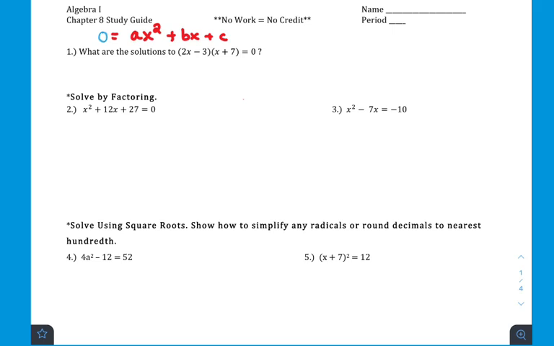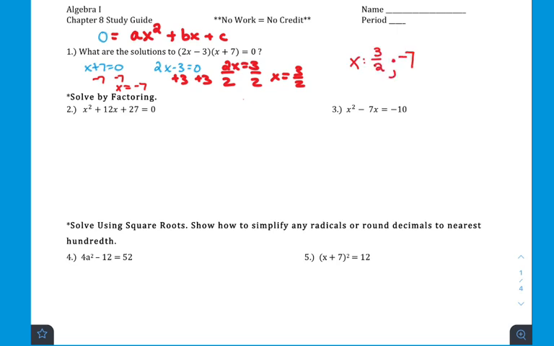On question number 1, it says, what are the solutions to these two things that have been factored when they equal 0? So we go ahead and solve for each one when they equal 0. So x will be 3 over 2, and when we subtract, we get x is negative 7. So our two x-intercepts are 3 over 2, or 1.5 if you use decimals, and negative 7.